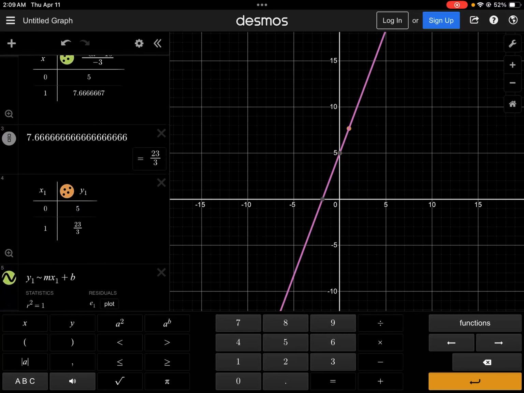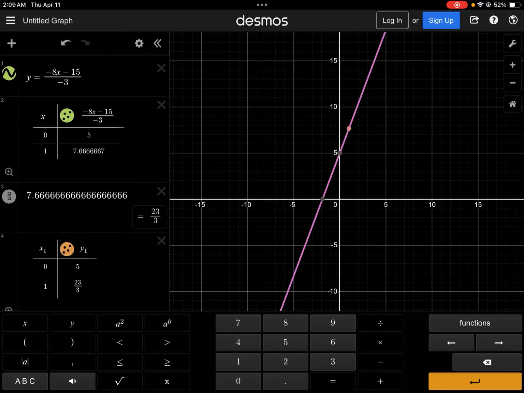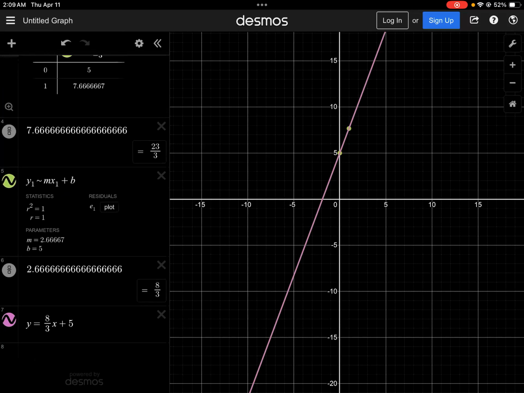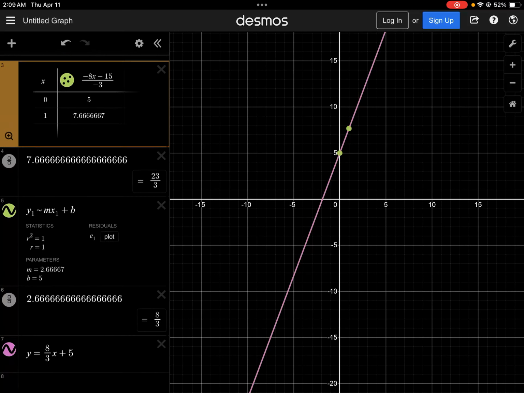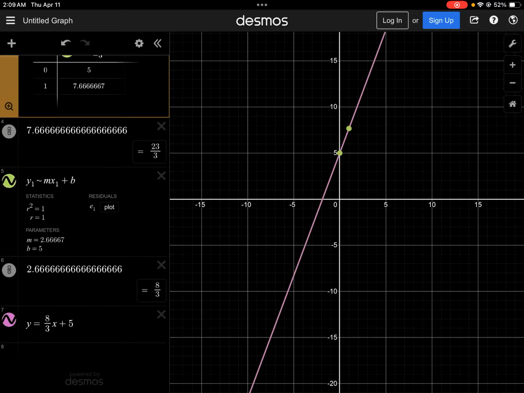And of course we see that the top function that I started with is the same as the function that I found here. Alright, and of course I'm gonna compare with the method that I did without the graphing calculator and see if I got still y equals 8 over 3x plus 5.